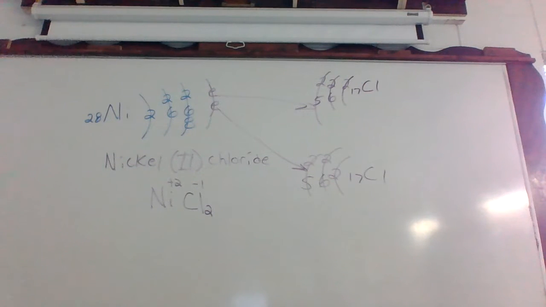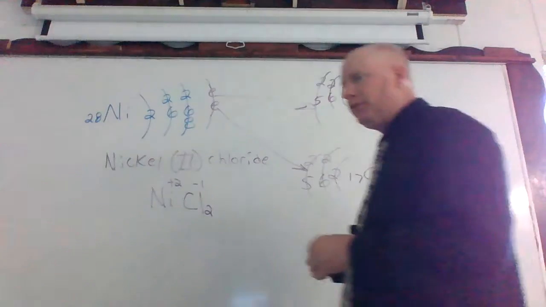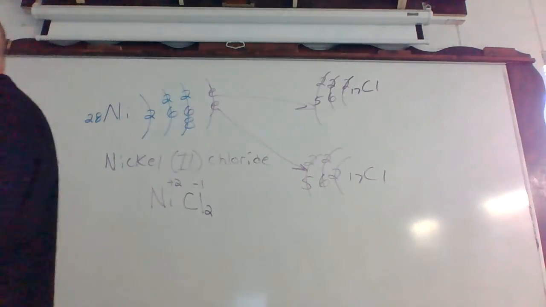Well, yes, that's true. Everything you're saying is true, but you'll find out that there's going to be exceptions to the rule. And especially for those of you who go on to take organic chemistry, when we start talking about different types of naming, there's going to be exceptions to those rules too when you name them.